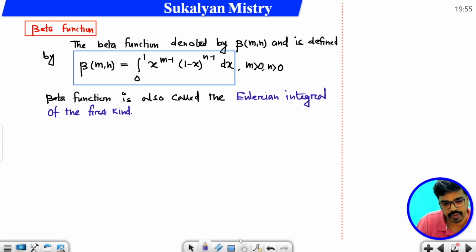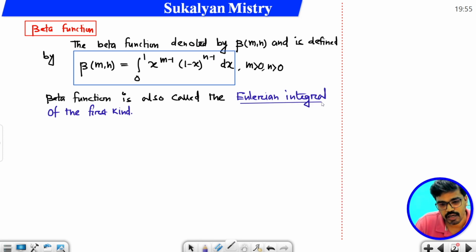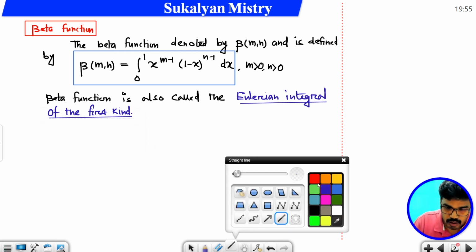So note this. Now we discuss some properties of beta function.